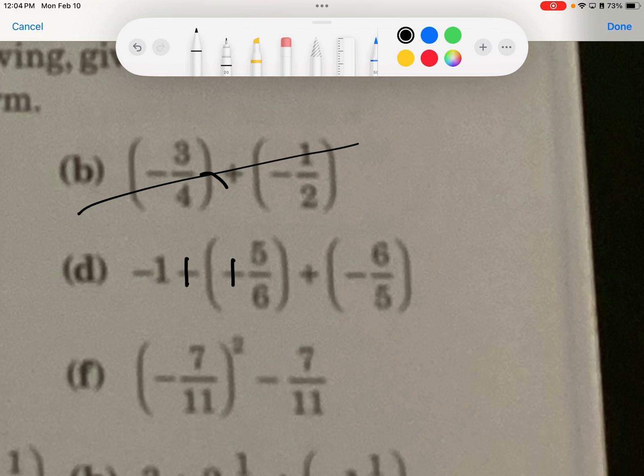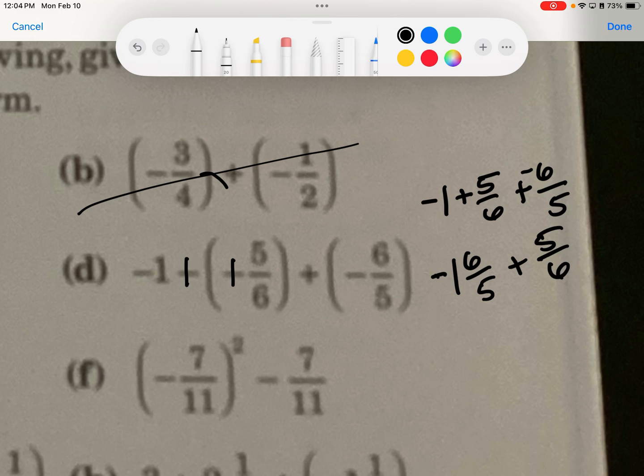So then we have negative 1 plus 5/6 minus 6/5, or I could say plus negative 6/5. So I could say negative 1 plus negative 6/5 would be negative 1 6/5, plus 5/6.